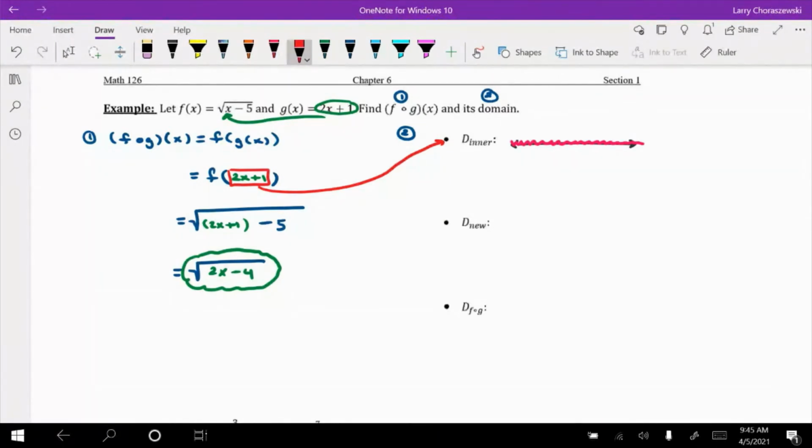Now, d new is going to refer to our composition function that we got from part 1. Do you think we need to worry about anything with the square root of 2x minus 4?